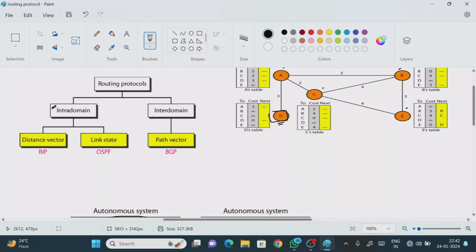What protocol do we use to find the shortest path? Either the RIP protocol or the OSPF protocol, right? Routing between autonomous systems is referred to as inter-domain routing, and for that the protocol we use is the BGP protocol, right?